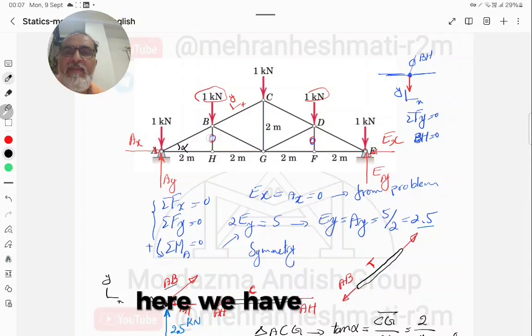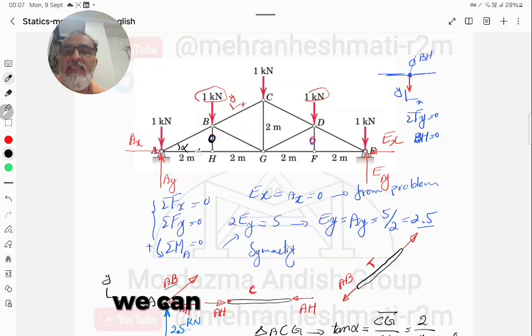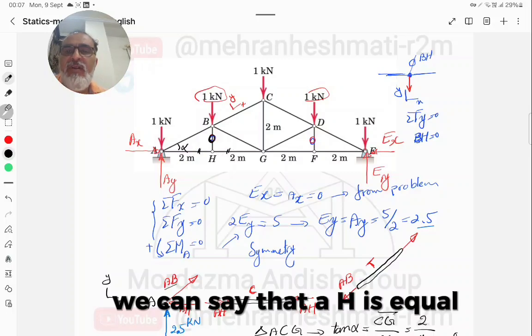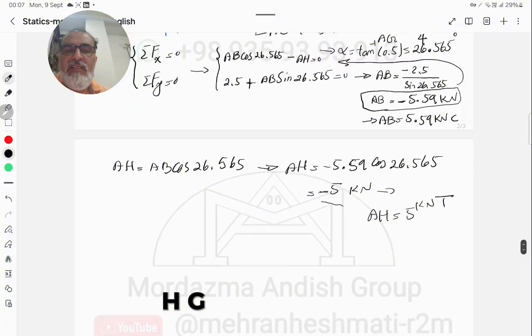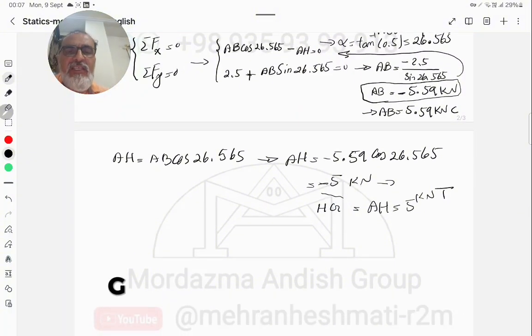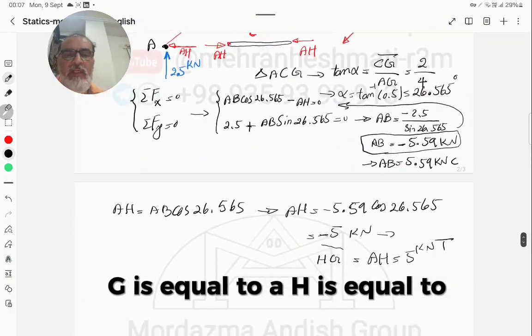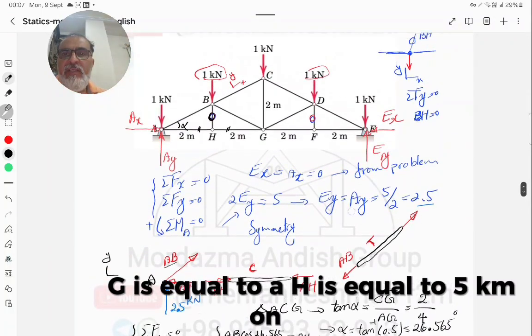Here we have zero force, and because these two members are in one direction, we can say that AH is equal to HG. So HG is equal to AH, which is 5 kilonewton tension.